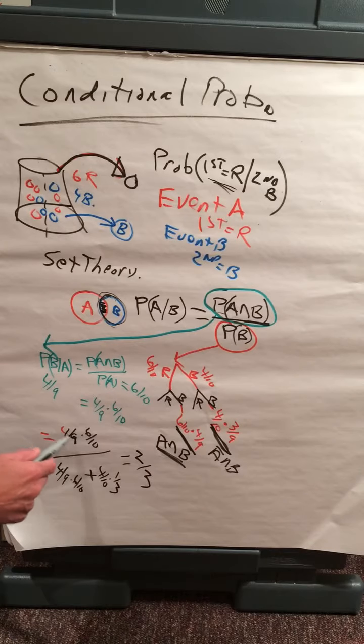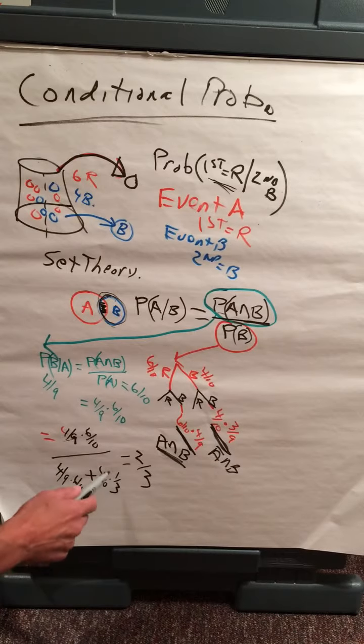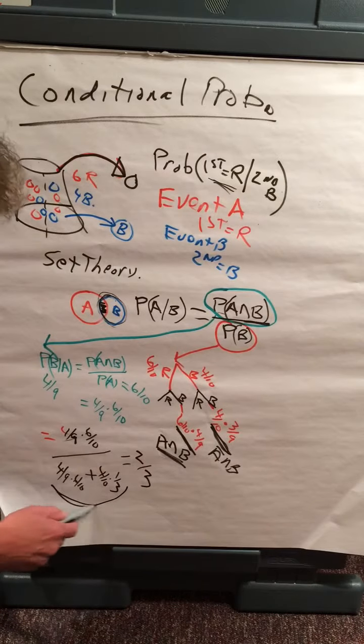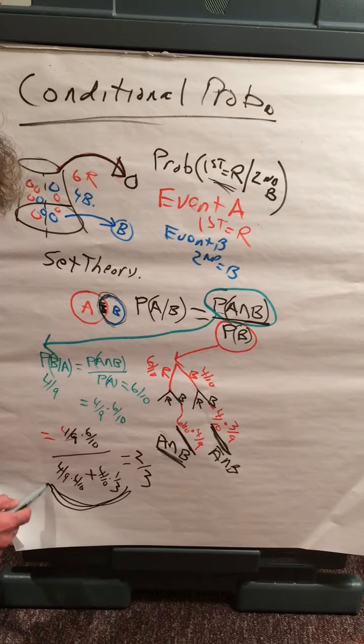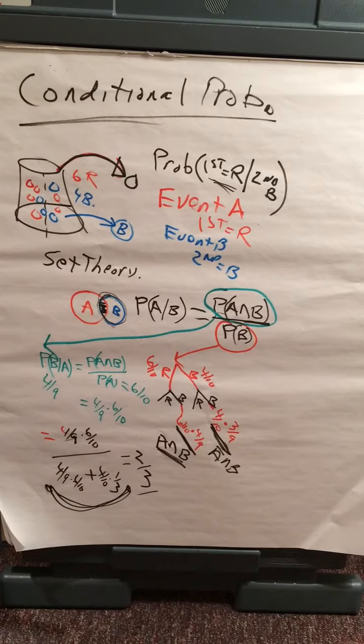You can see that 4 over 10 is 2 over 5, that's 2 over 3, that's 15 on the bottom. You can multiply top and bottom by 15, you wind up with 4/6, and then you get 2/3. Just to save a little time, I will leave that to you to check out. So that's 2/3. So that's one way of looking at it.